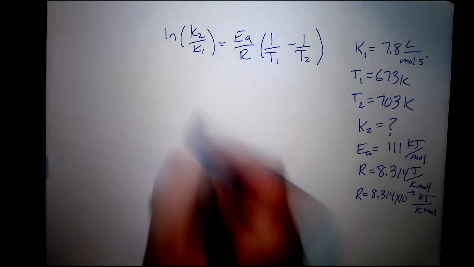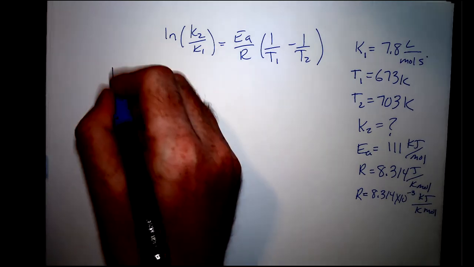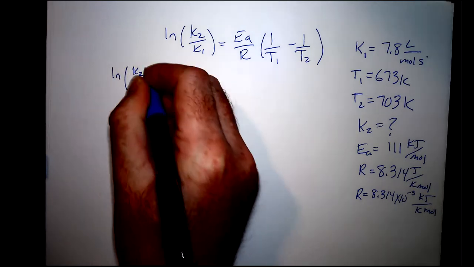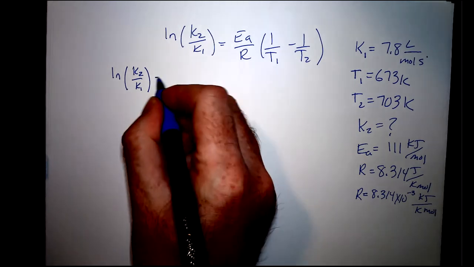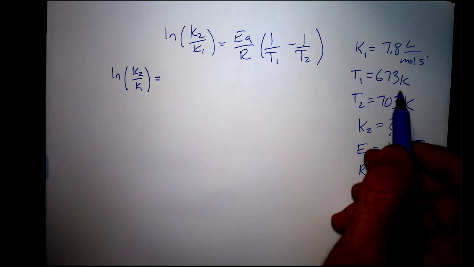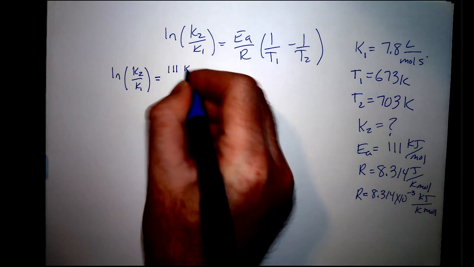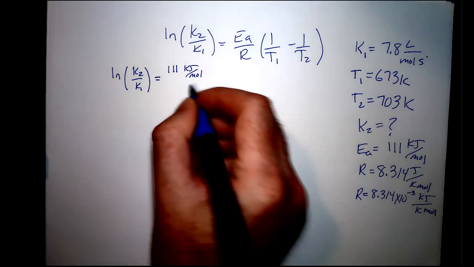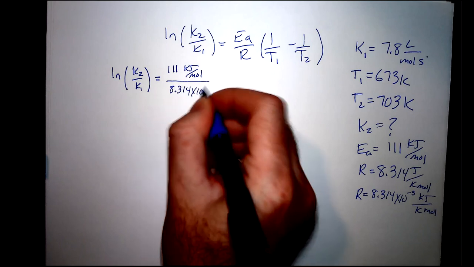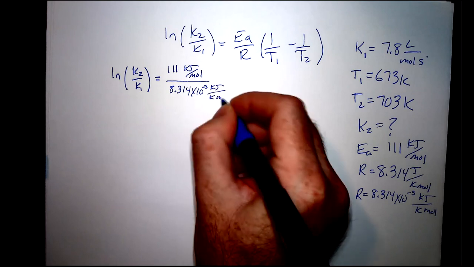Now, since I'm solving for something that's in the logarithm, I'm just going to leave that alone initially. So I'm going to say ln of K2 over K1 is equal to our EA, 111 kilojoules per mole, divided by 8.314 times 10 to the negative third kilojoules per Kelvin mole.